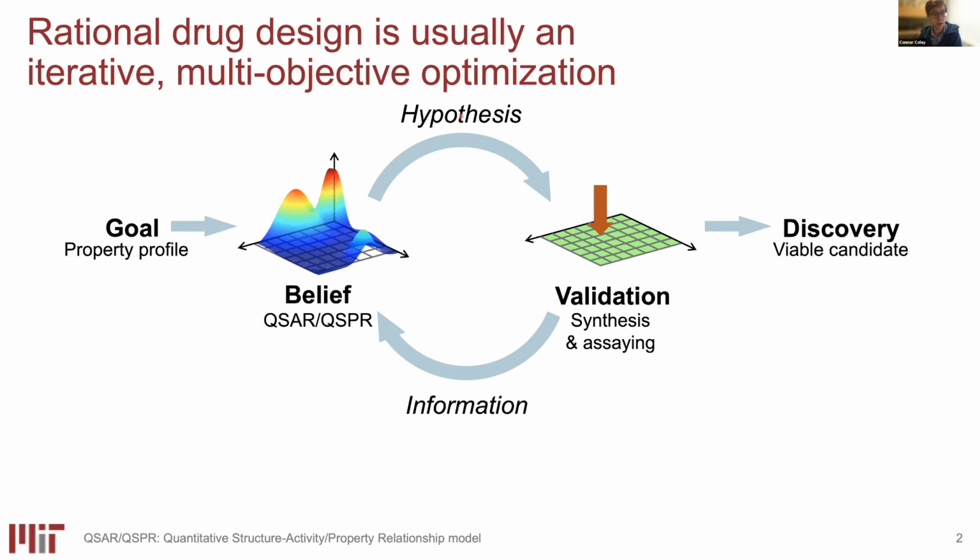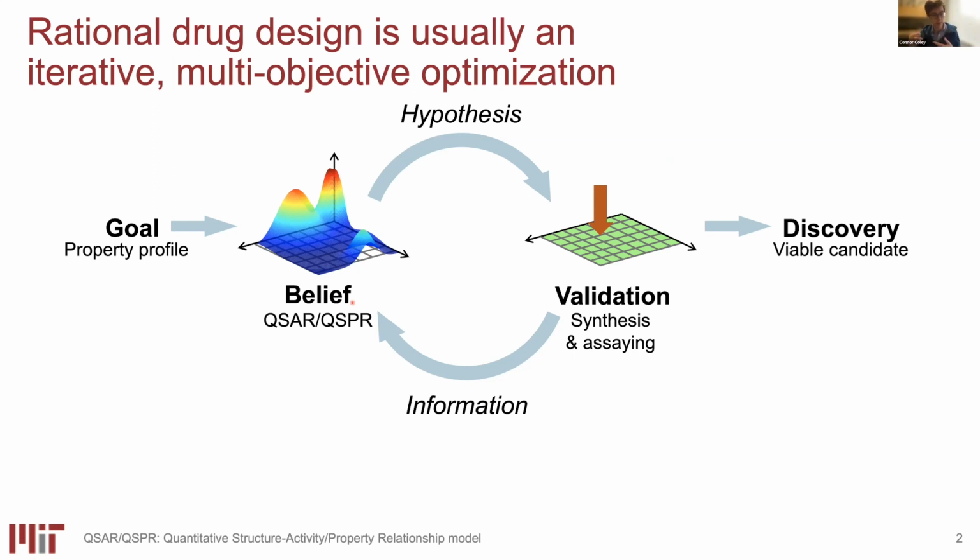We then try to generate hypotheses, right, of new molecular structures that we think will achieve the design criteria. The ground truth for everything that we do is experiments, and so we have to validate those predictions through chemical synthesis and testing. Usually that's going to give us new information from those assays that we feed back into our models to make them more accurate.